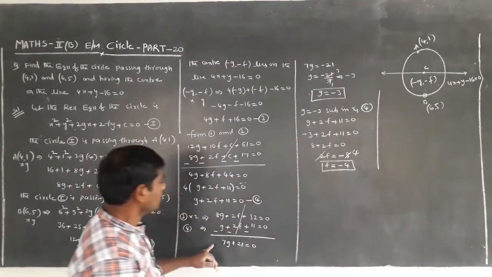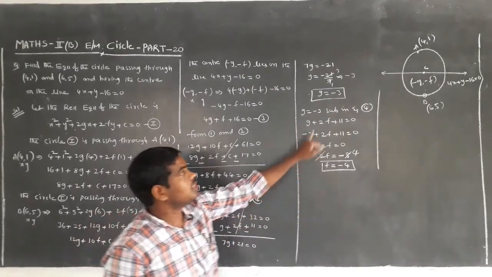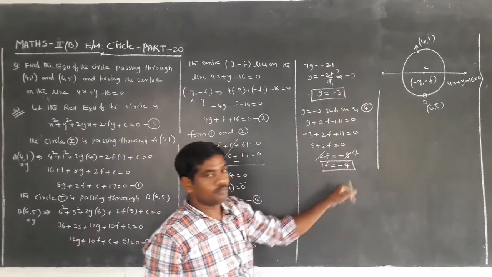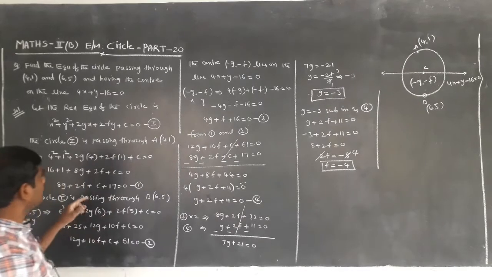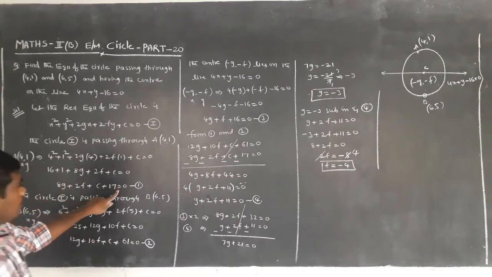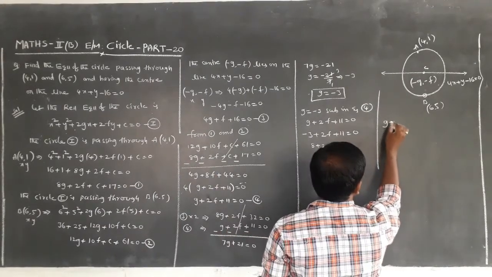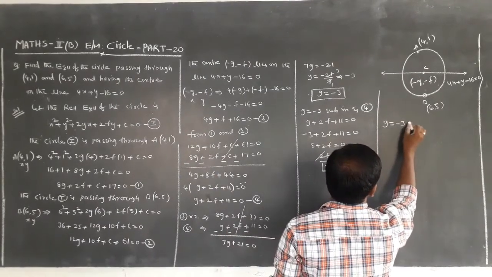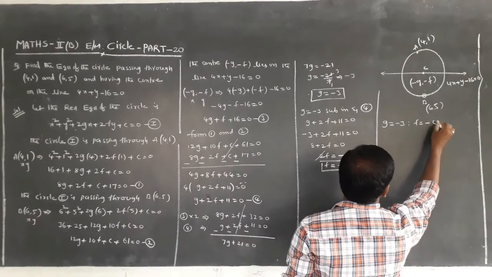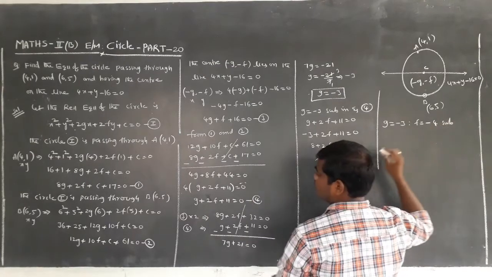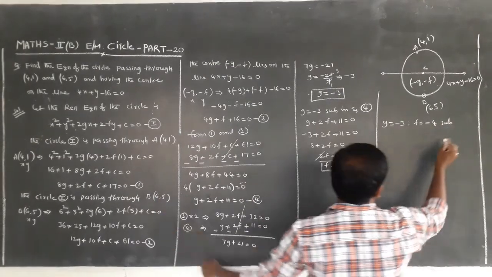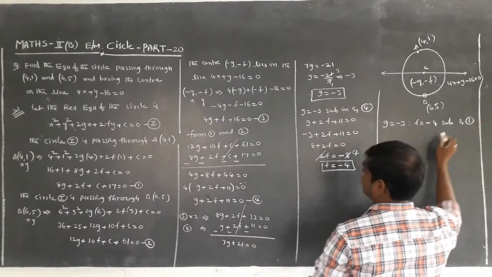g comma f values: g equal to minus 3, f equal to minus 4. Substitute in equation number 1.